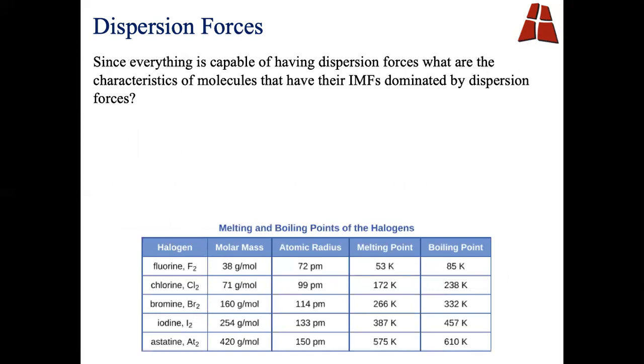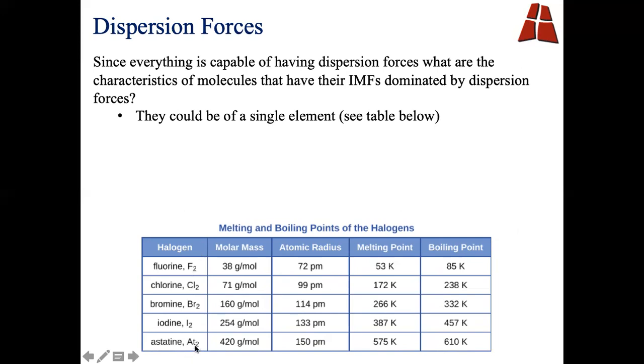With dispersion forces, because everything is capable of having dispersion forces, what are the characteristics of molecules that have intermolecular forces dominated by these dispersion forces? And so some characteristics there are that they tend to be of a single element.